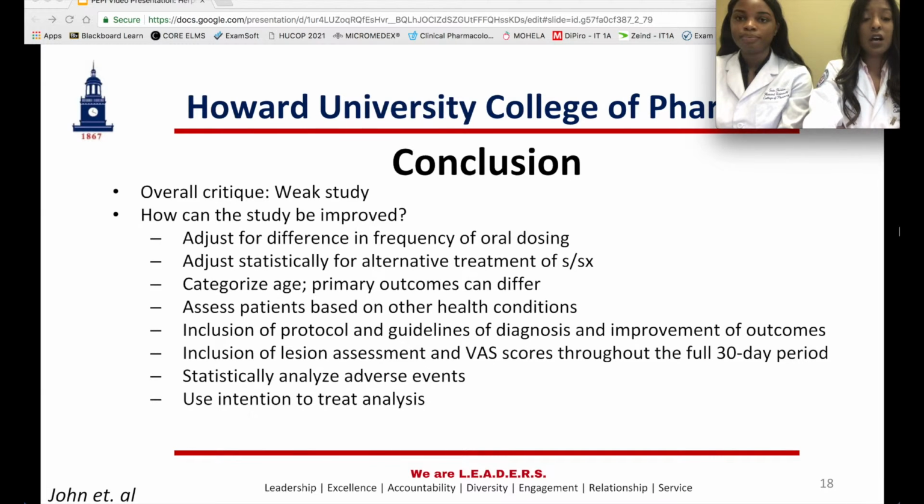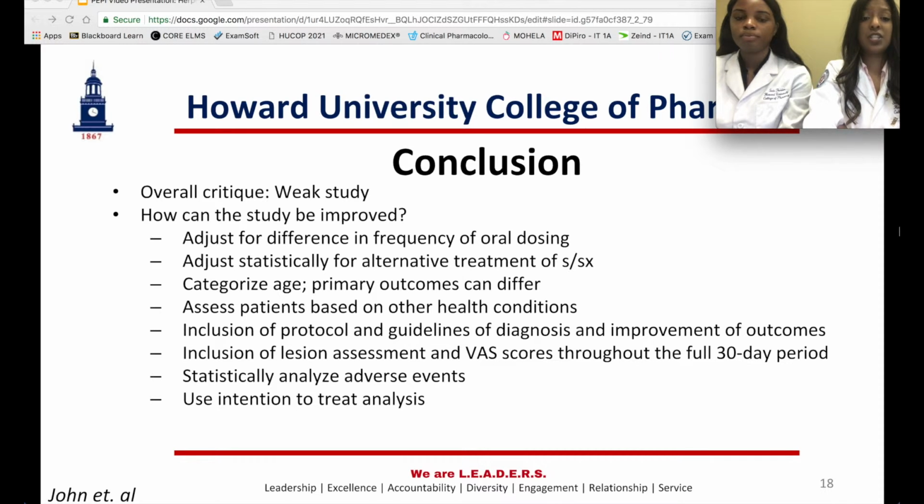So first on our list would be to adjust for differences in frequency of oral dosing, 3 times a day versus 5 times a day. Maybe an inclusion of a placebo tablet or something to that effect, so that it wouldn't be obvious to the patients what medication they're on.